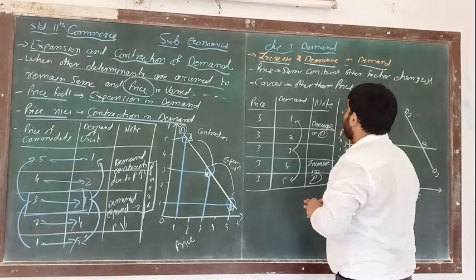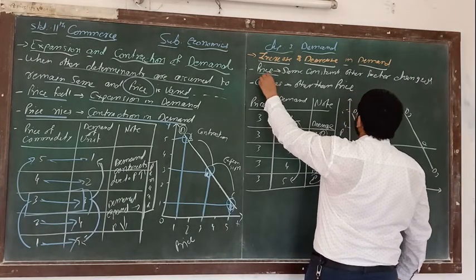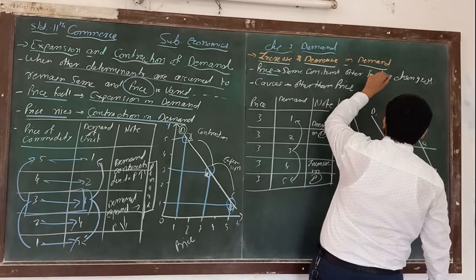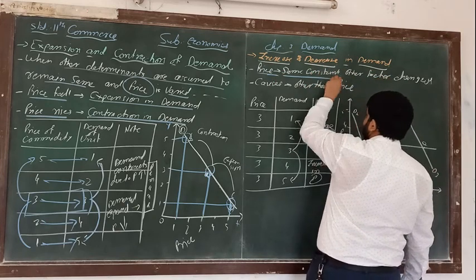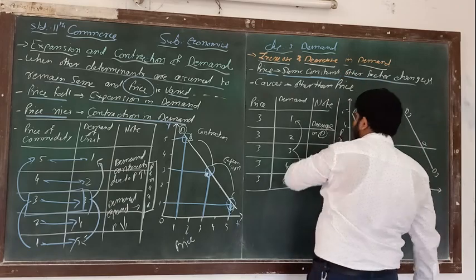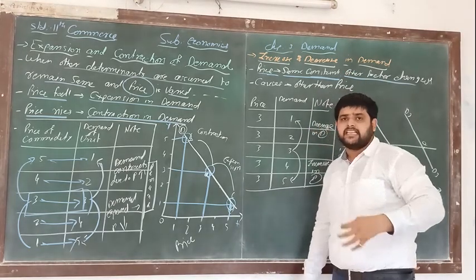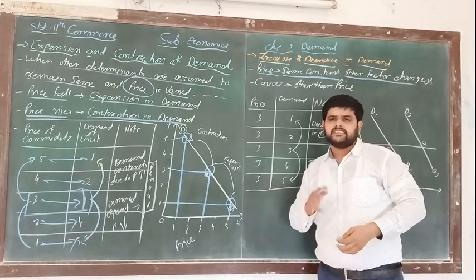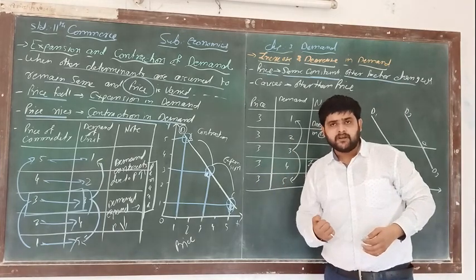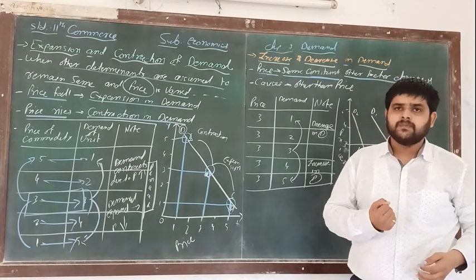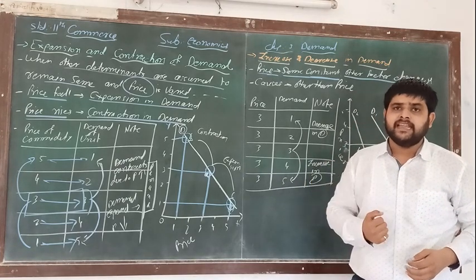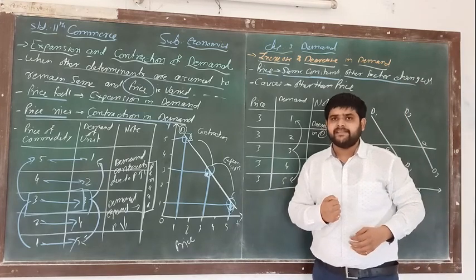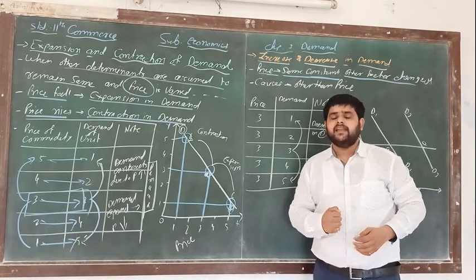Here, the price is the same, but other factors change while other things are changeable. For example, the taste and preference of people is changed, income of the people is changed, future price expectation, substitute goods and complementary goods prices, and population.